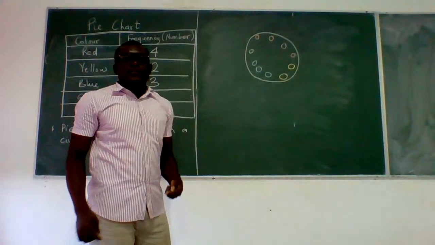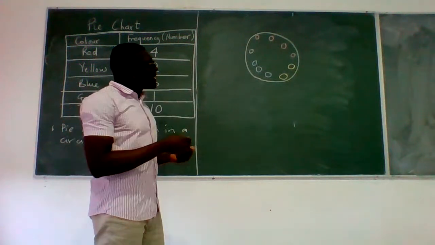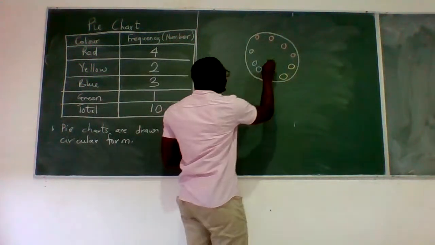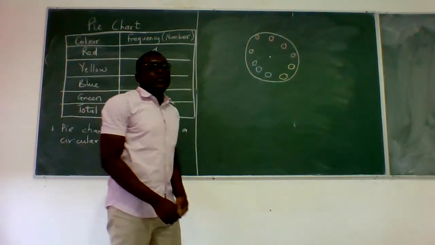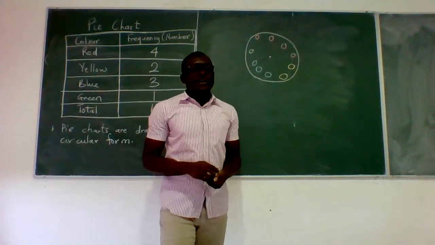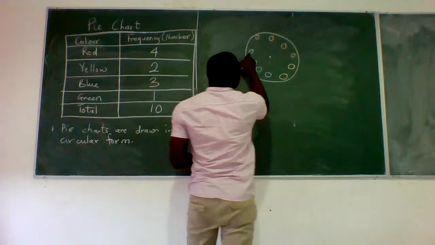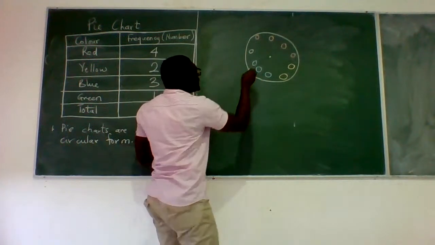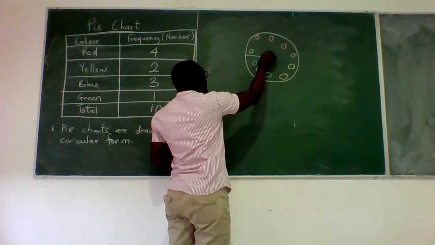Okay. From this circle, what you must look for is a center. You must locate the center of this circle. So let's say this is my center. Now I am going to draw a boundary around them. So with this green guy, he is just here. Let's say this is his zone.